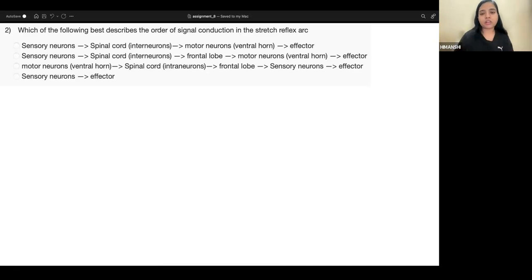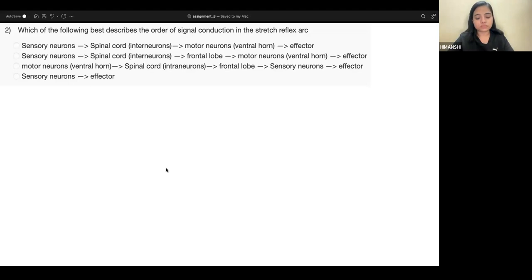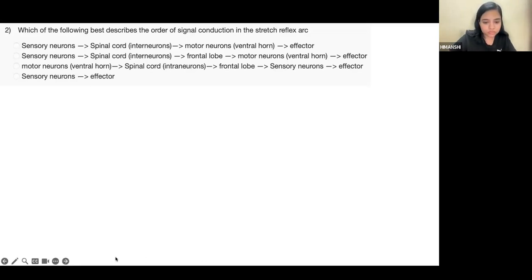So have that image and put yourself in a situation where your stretch reflex is being tested, and then try to trace the path. Okay, just a suggestion on how to approach these types of questions. Last 10 seconds.